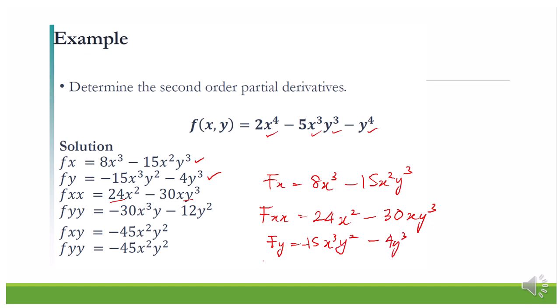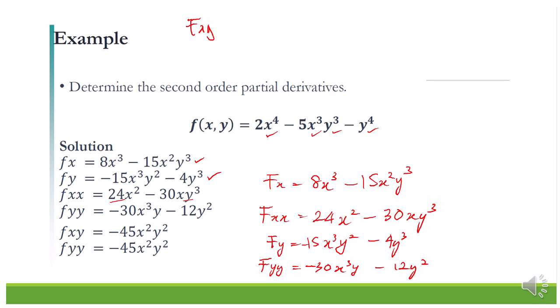and fyy is to differentiate y with respect to y the second time. So here will be negative 30 x cubed y minus 12y squared. Alright, so for fxy we differentiate x first.